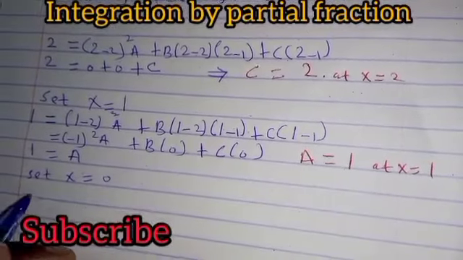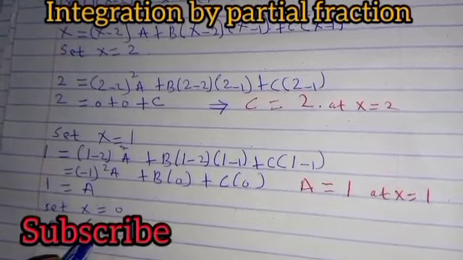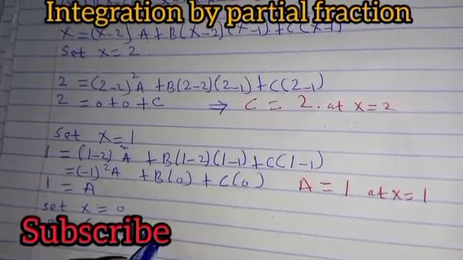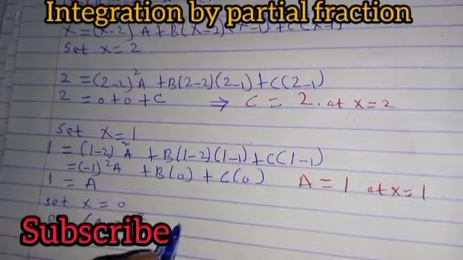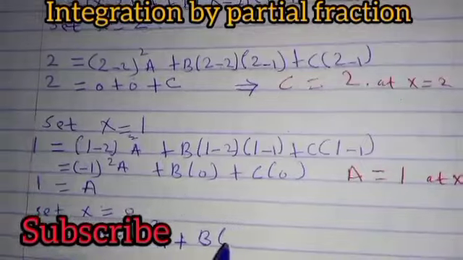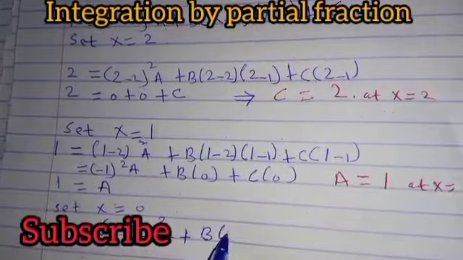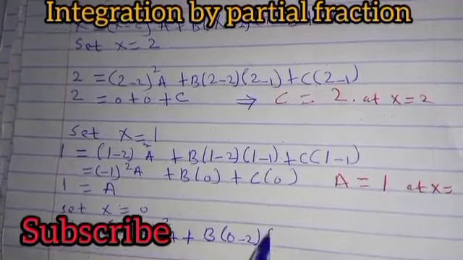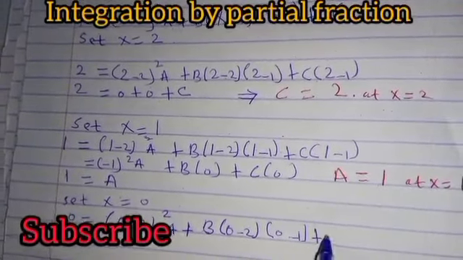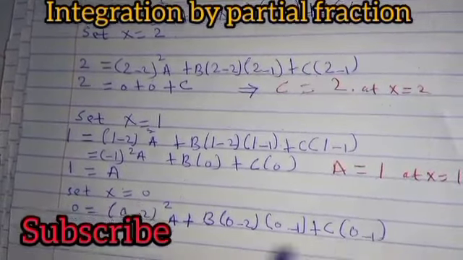So we are going to have 0 is equal to (0 minus 2) squared a plus b into (0 minus 2) into (0 minus 1) plus c into (0 minus 1).